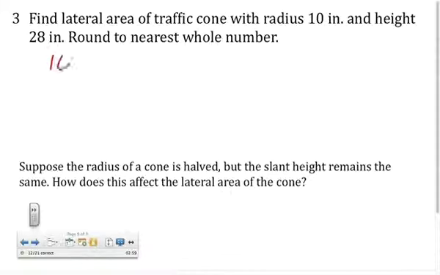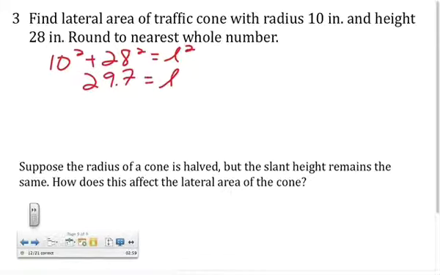So you had to use the Pythagorean theorem, 10 squared plus 28 squared equals L squared. L is some funky thing, and I loved hearing people say, don't clear your calculator. So 28 squared plus 10 squared is 884, and when I take the square root of that, I have approximately 29.7.